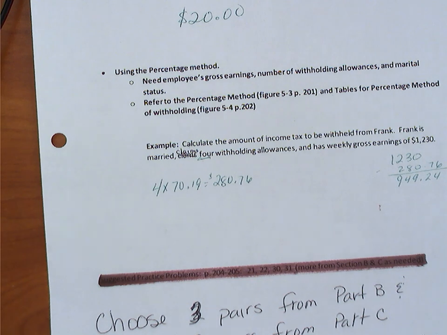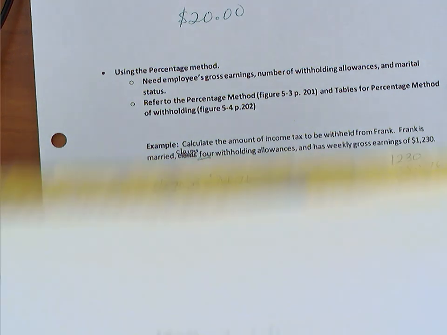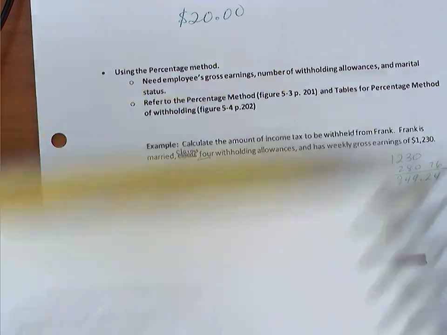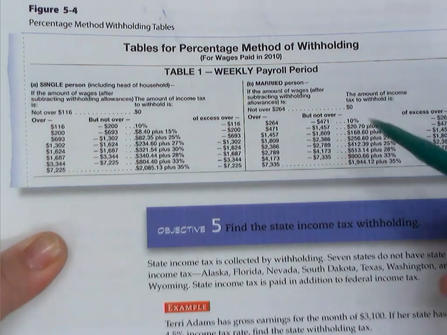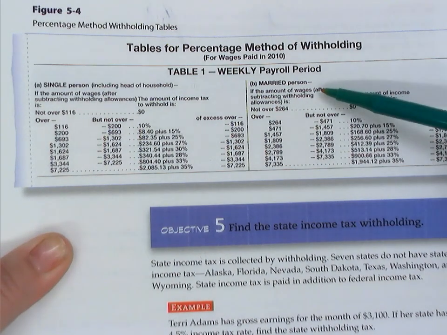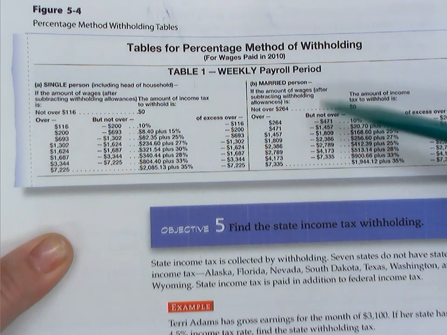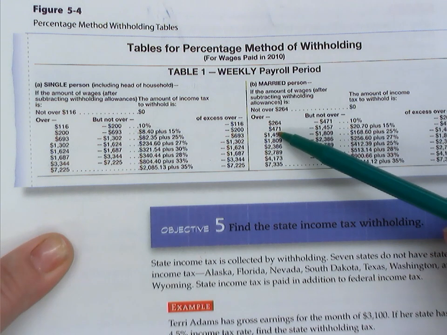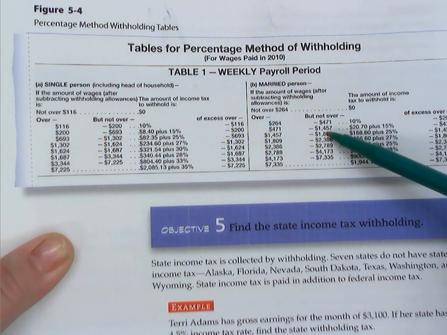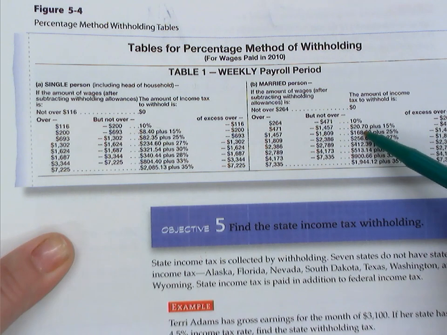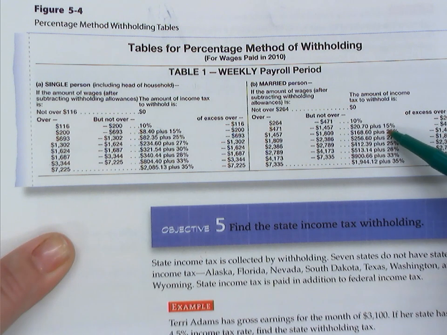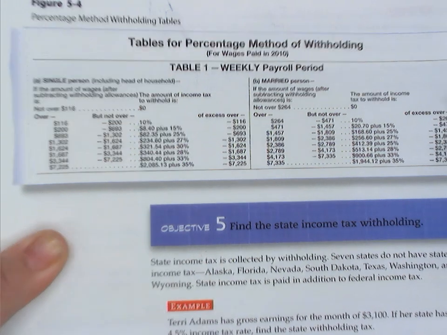Then you come over here and look at the percentage. He is at $949, and he's married. So going to the married column, go to $949. That's between $471 and $1,457. So he's going to pay $20.70 plus 15% of anything over $471.